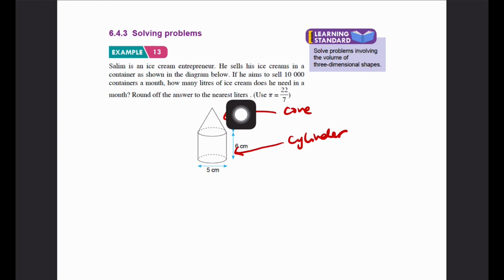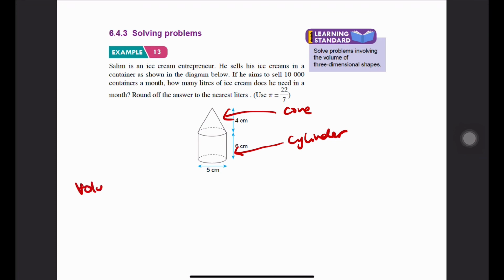So the question wants us to calculate the volume of ice cream needed to produce 10,000 containers of ice cream to the nearest liter. What is our strategy? First, we need to determine the volume of the container.